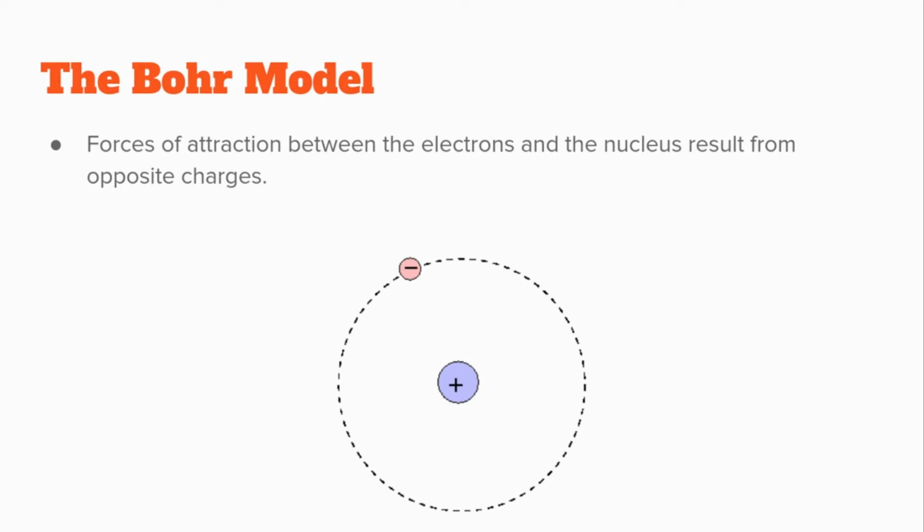So the idea behind the Bohr model was that there's attraction between the electrons and the nucleus, obviously from their opposite charges. We knew that from the Rutherford model as well, that electrons are negative and the nucleus is a small condensed positive charge, and that has not changed.